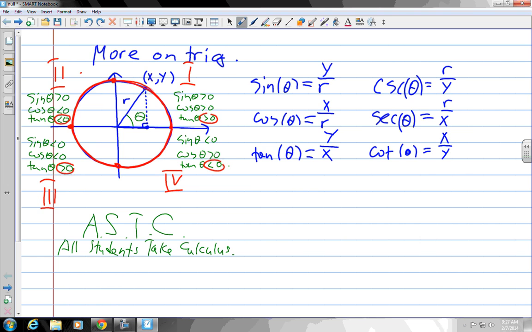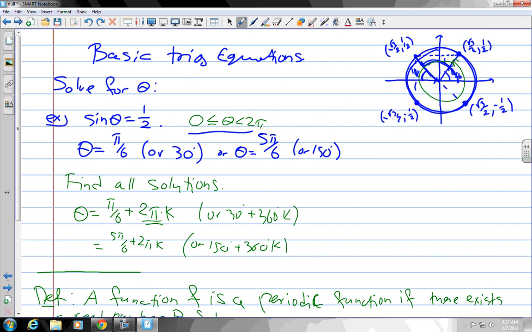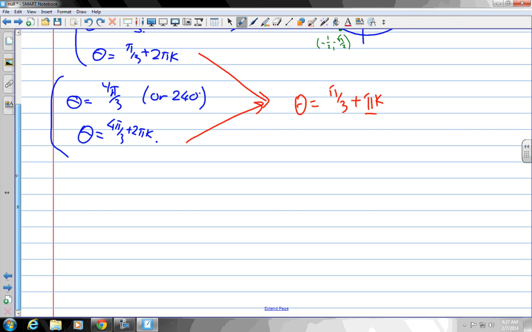Okay? So that takes care of all of that. Tangent of theta equals tangent of theta plus pi k. So tangent has a period of pi. Is that okay?